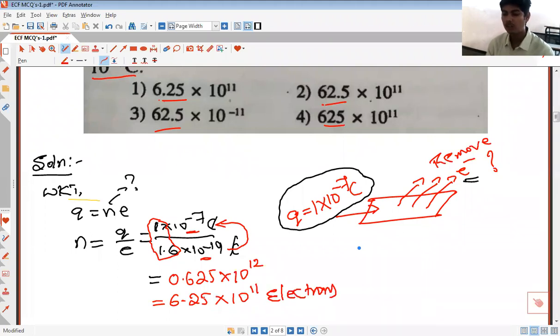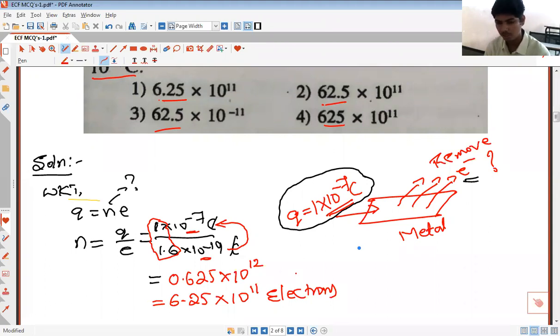So if you remove 6.25 into 10 to the power of 11 electrons out of this metal, you will be getting a charge of 1 into 10 to the power of minus 7 coulomb on this metal surface.